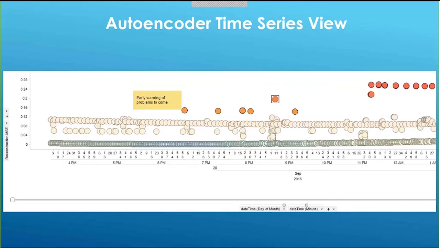Here's another view of the same data. Again, it's a time series view, and the reconstruction error is on the vertical axis, the y-axis. You see on the left-hand side there are a few examples of the long tail.